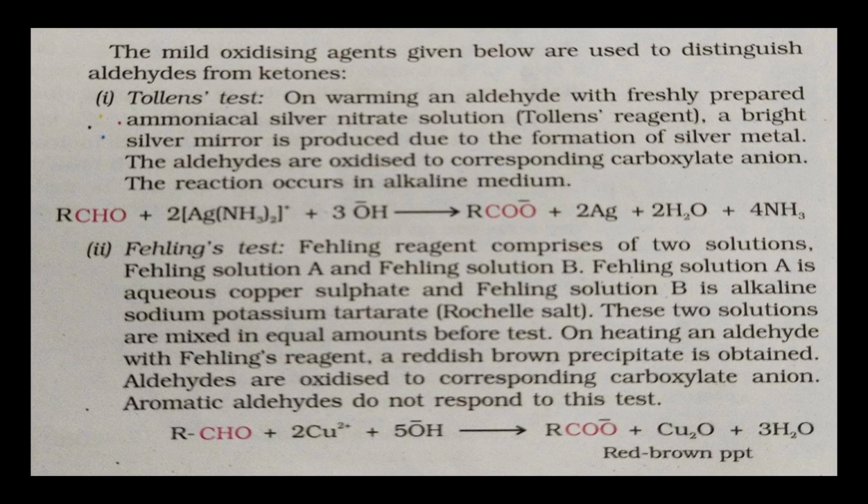The mild oxidizing agents given below are used to distinguish aldehydes from ketones. First one, Tollens' test. On warming an aldehyde with freshly prepared ammoniacal silver nitrate solution, which is Tollens' reagent, a bright silver mirror is produced due to the formation of silver metal. The aldehydes are oxidized to the corresponding carboxylate anion.